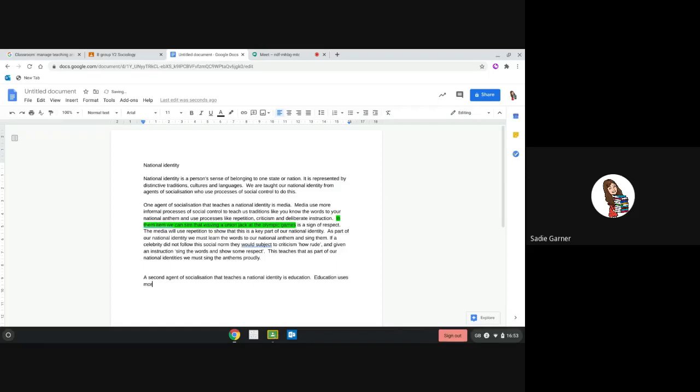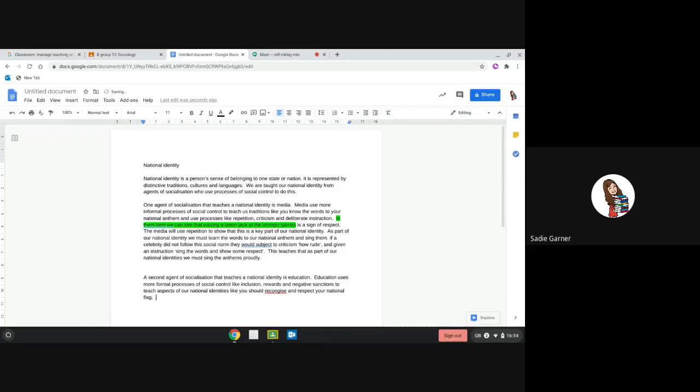Education uses more formal processes of social control, like inclusion, rewards, and negative sanctions to teach aspects of our national identities, like you should know or recognize and respect your national flag.